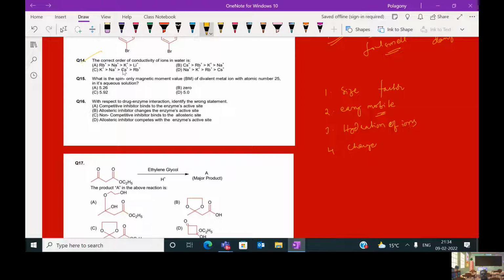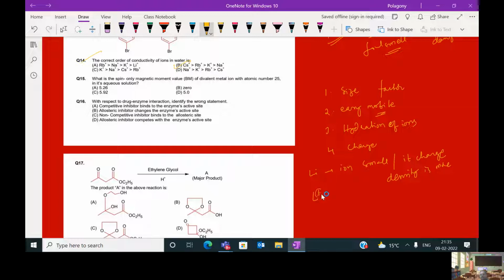So now here is the correct order of conductivity of ions in water. We can go for the B option, because conductivity depends upon these factors. For example, if you take the lithium ion, it is very small and its charge density is more. The charge density is more, so the hydration is more.